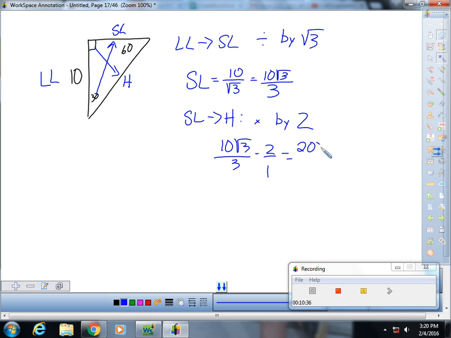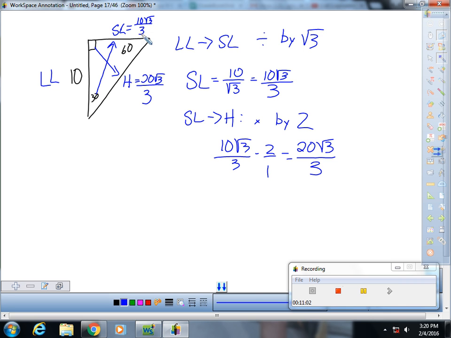It's 20 radical 3. Oh my gosh, I just put my hand over that like you guys couldn't see it on the video. I was trying to put my hand over the 3. Oh, hysterical. All right, 20 radical 3 over 3. That is our hypotenuse. And our short leg is 10 radical 3 over 3.